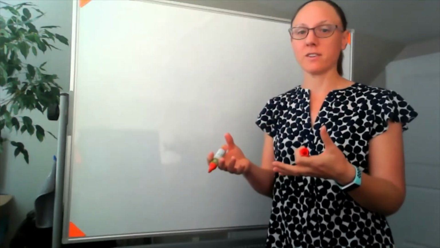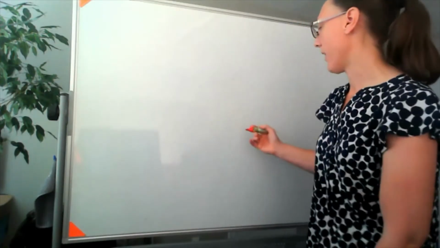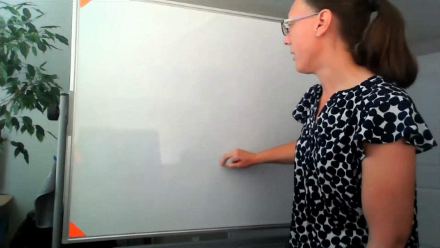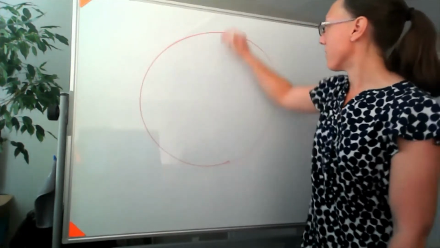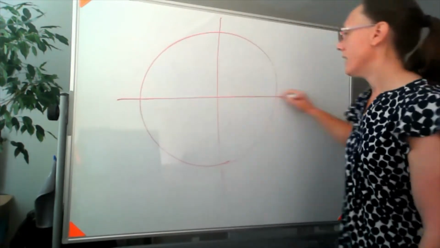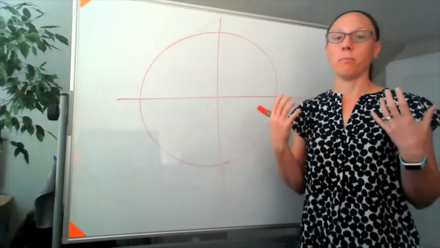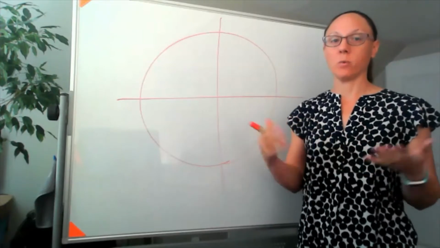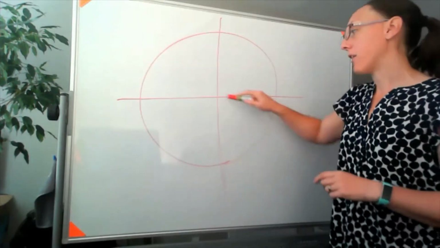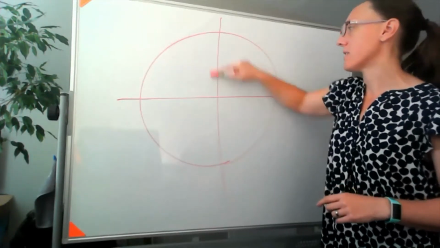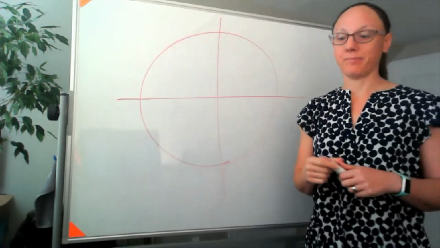Now, the unit circle is nice enough that it's worth talking about a little bit. So first of all, when we say unit circle, that means we're making the radius of our circle equal to 1, so that no matter where I draw a radius, it's always going to be 1.